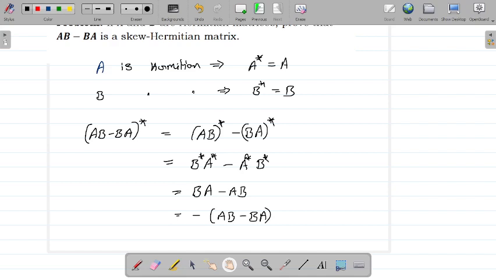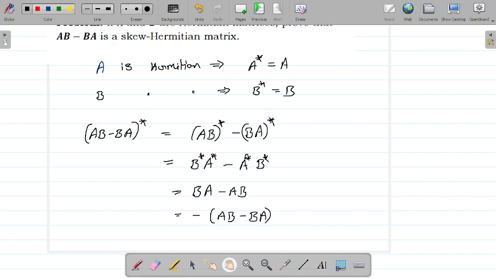And next, show that the diagonal elements of a Hermitian matrix are real and the diagonal elements of a skew Hermitian matrix are purely imaginary. Yes, we proved it. If you remember, the definition of a Hermitian matrix is that the conjugate of Aij equals Aji. So when i equals j, you get a diagonal entry, and you start with x plus iy here and x plus iy there.